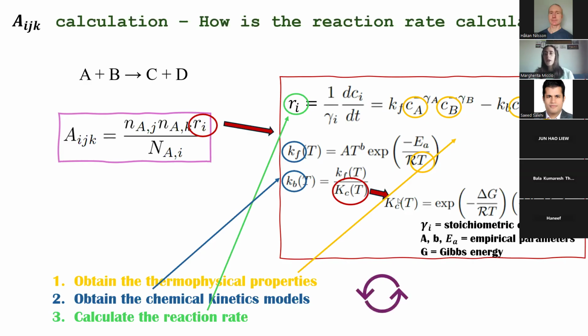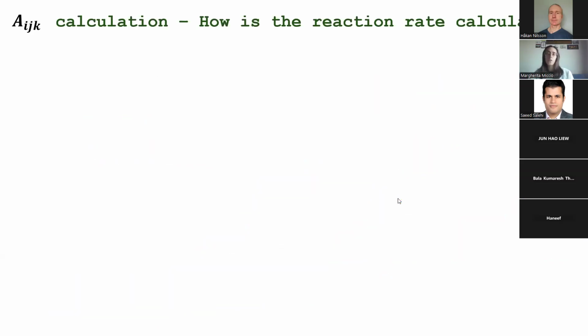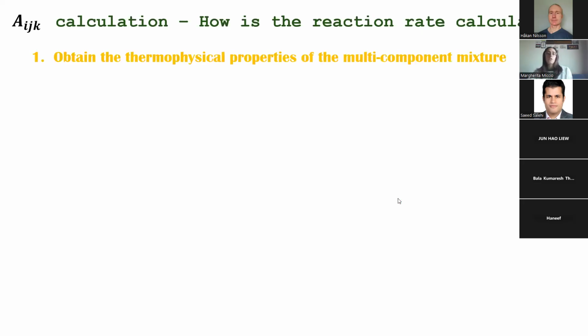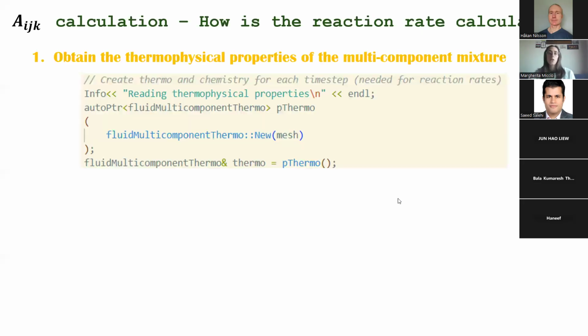This needs to be done for every time step we want to use this post-process utility, because of course concentration and temperature will change if the problem is not stationary. So we need to do this retrieval of the reaction rate for each time step, so inside the time loop. So let's see how this is done in the code.